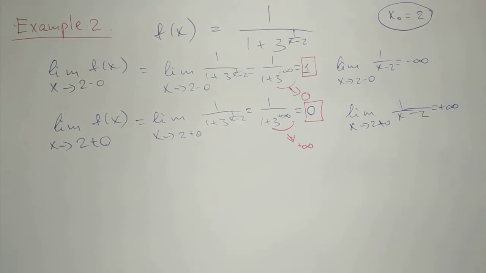So we get both one-sided limits. They exist and they are finite, taking the finite values 1 and 0. But they are not equal.